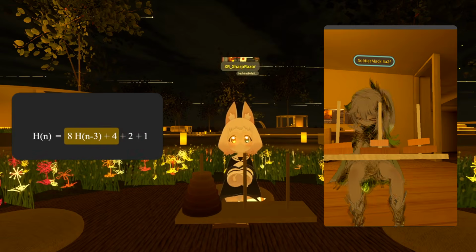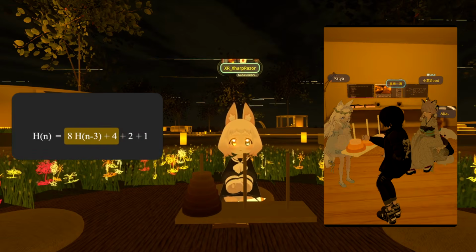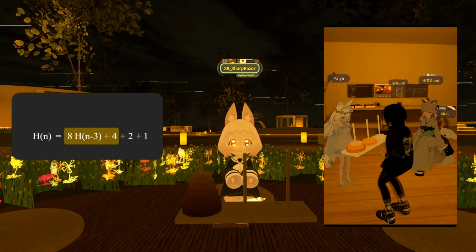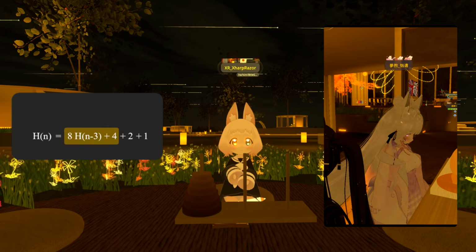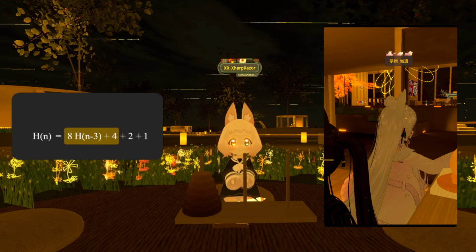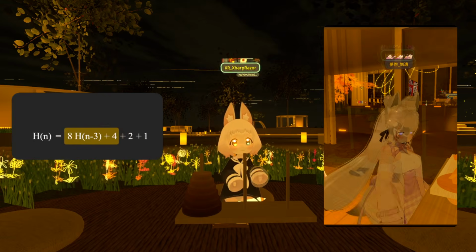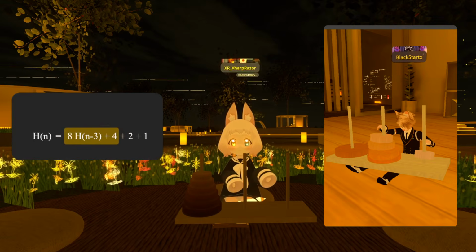And then one thing you might notice is at some point we will reach 8 multiplied by h of n minus 3, and then plus 4 plus 2 plus 1.